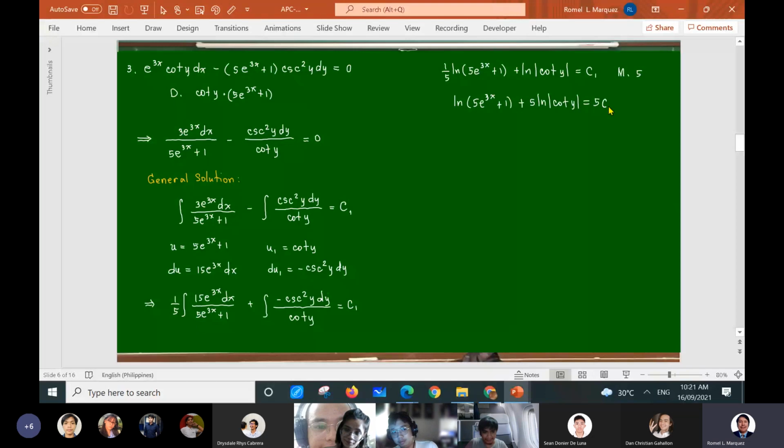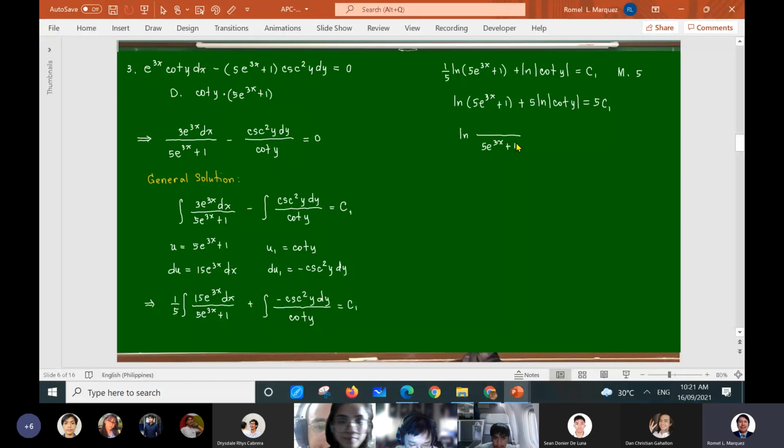I can combine these two logarithms. What I am doing is I'm just trying to simplify the answer. Actually, this is already the answer, no? Okay, guys? So we have ln in just one logarithm.